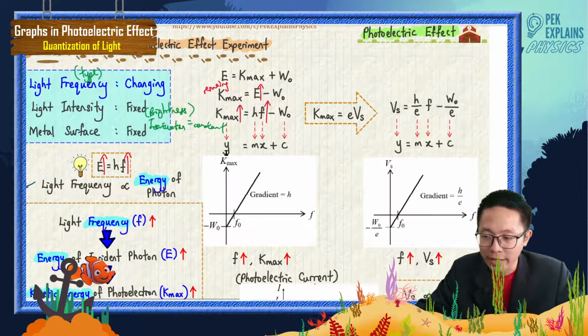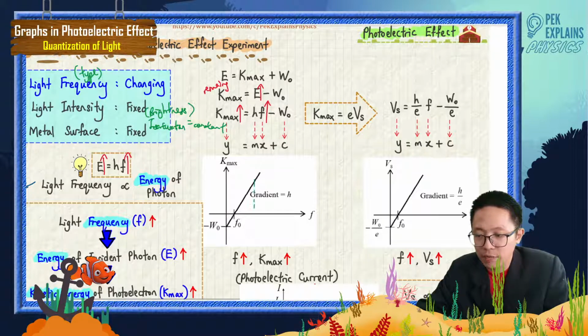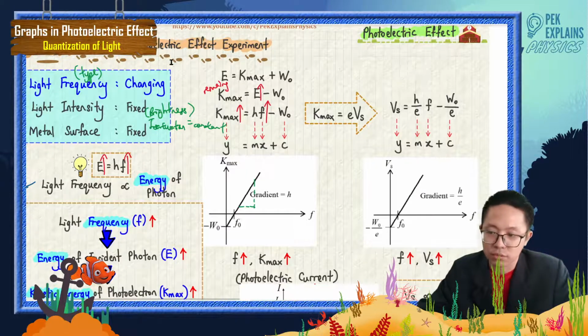Kmax becomes the y-axis, f becomes the x-axis, and just apply y equal to mx plus c. This makes another linear graph. Frequency is the x-axis, and h is the gradient of the graph.